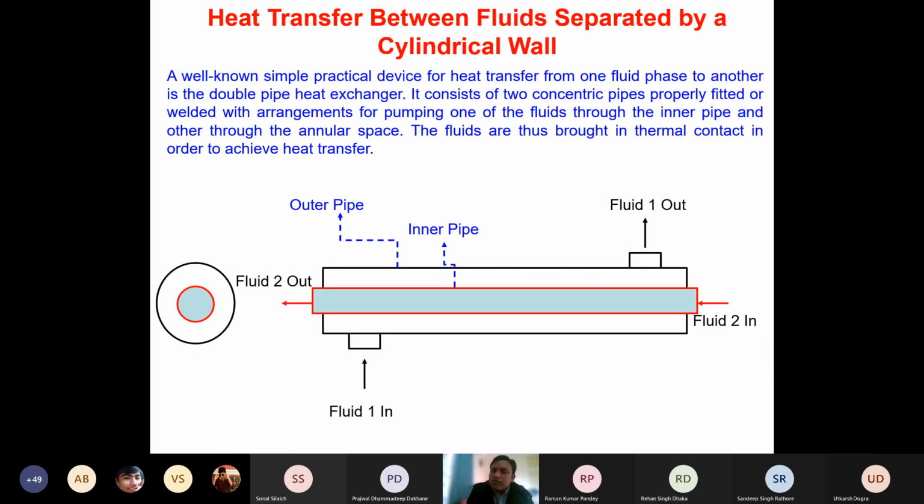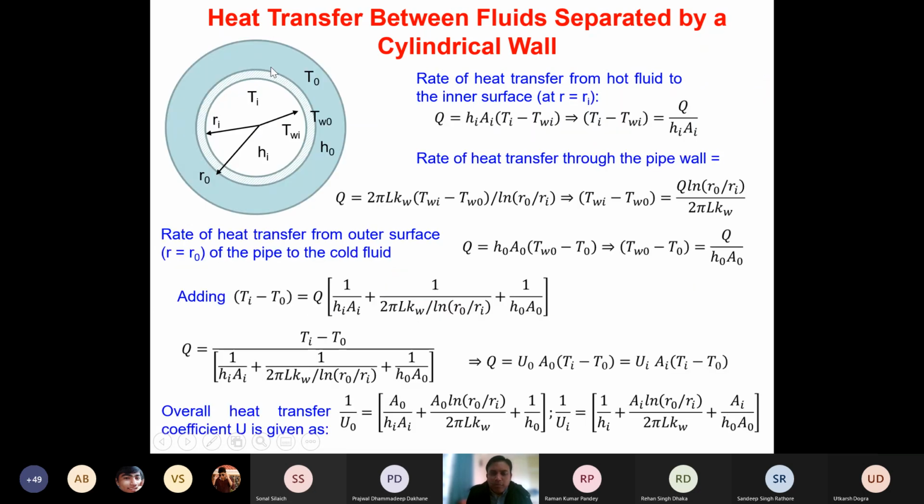Then we have seen the cylindrical geometry, which is what we regularly see. We looked at the example of a double pipe heat exchanger. There is an inner fluid flowing through the inner pipe and an outer fluid flowing through the annular region, and both fluids are separated by a cylindrical wall in between.